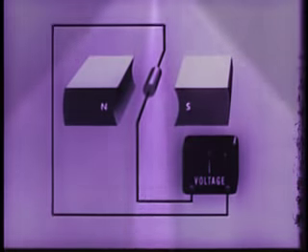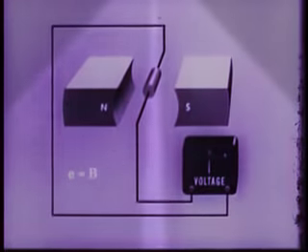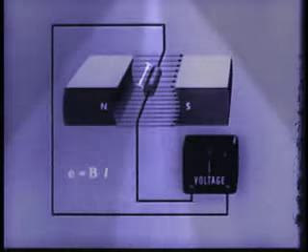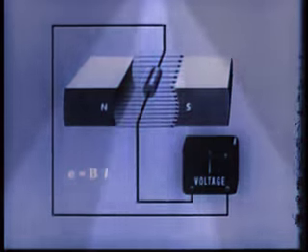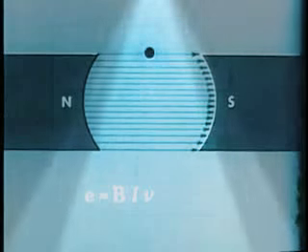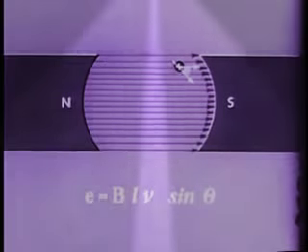The generator output E, or instantaneous EMF, equals B, strength of field, times L, length of the conductor, times V, velocity of the conductor. But because the movement of the conductor in the field is actually circular, we must also multiply by the sine of the angle formed by the lines of force and motion of the conductor in order to arrive at the EMF.